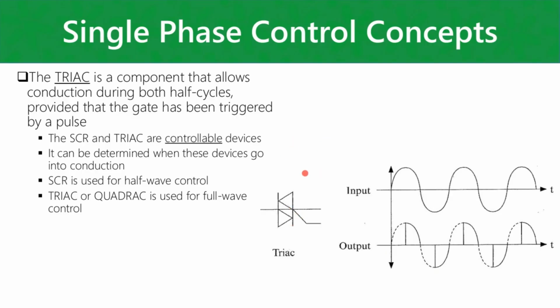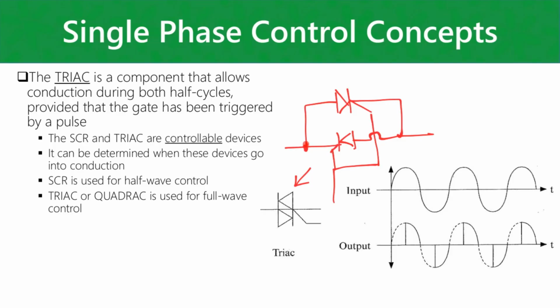If we use a component called a triac, now a triac is essentially two SCRs connected in parallel but counterpolar to one another, and they will then share a gate. They will look something like this. So it's essentially equivalent to that. So we can use triacs and quadracs for full wave control.